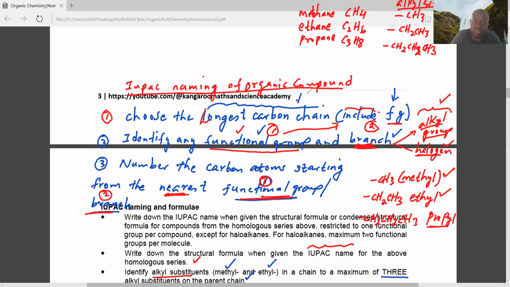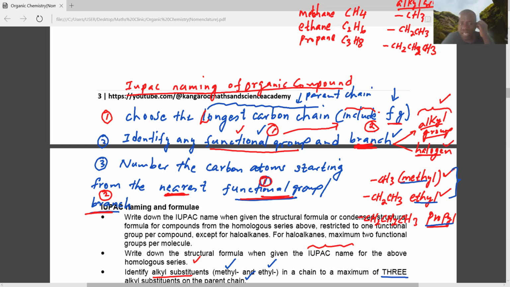So in your syllabus, when they say a maximum of 3 alkyl substituents, they're referring to methyl, ethyl, and propyl, or n-propyl. But usually they use methyl and ethyl, but you must also learn how to use the propyl.